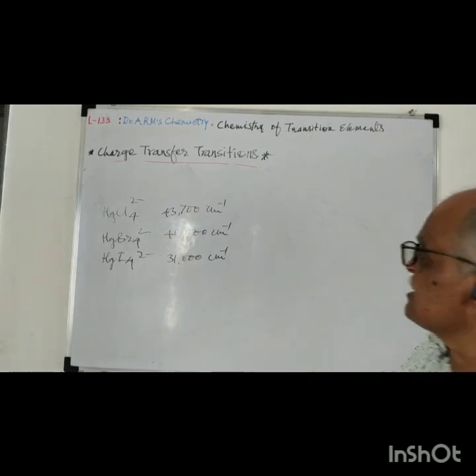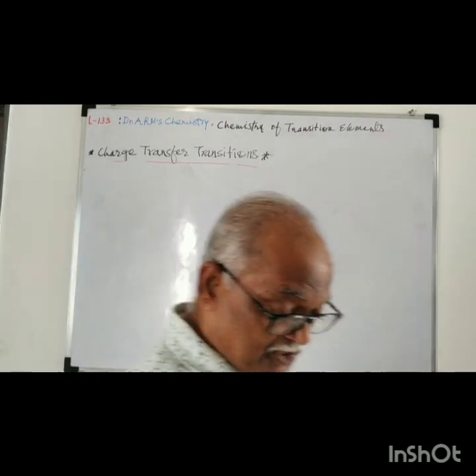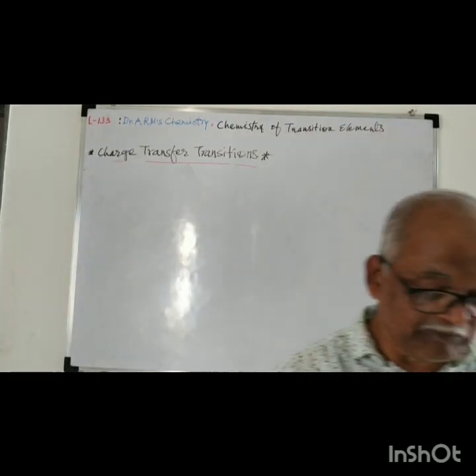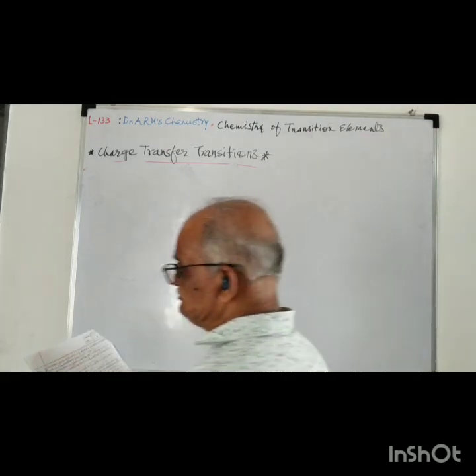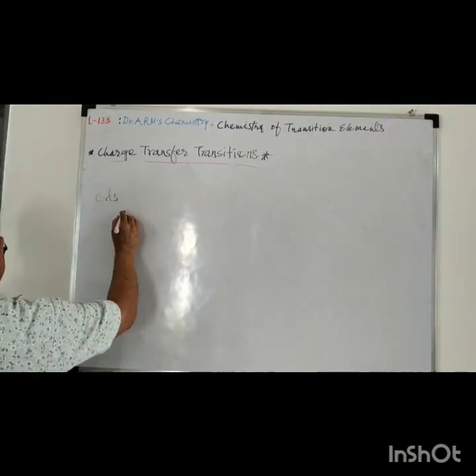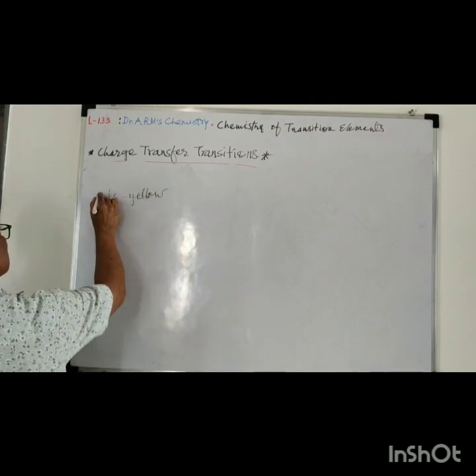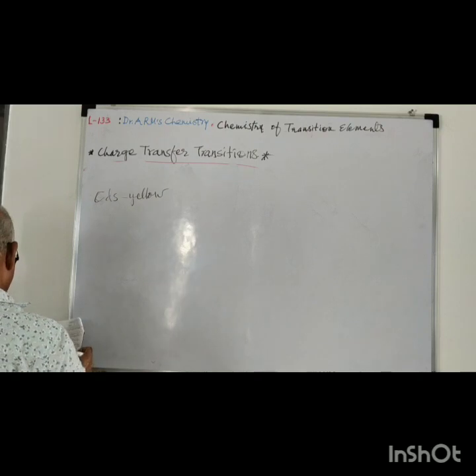We can see some more examples of this type of transition. For example, if we take CdS, this is yellow color, a yellow charge transfer.